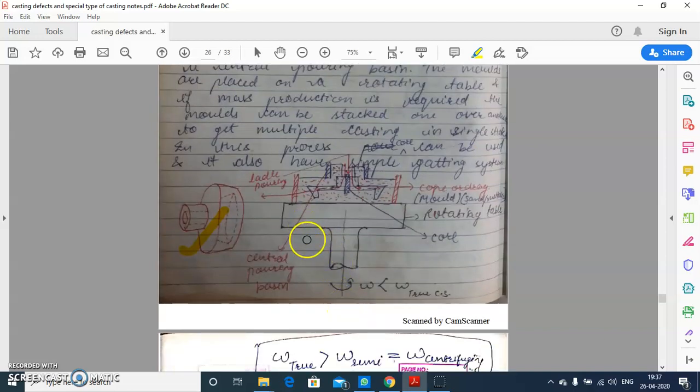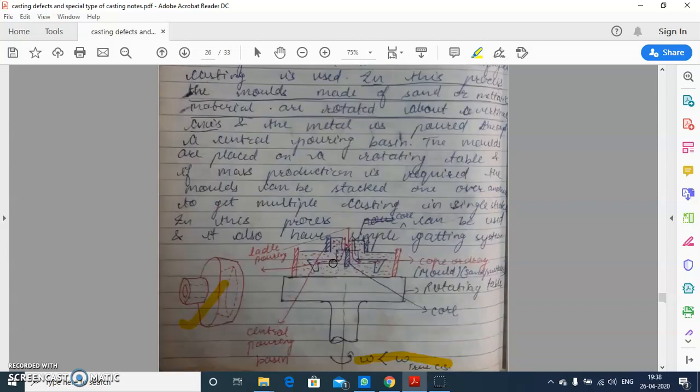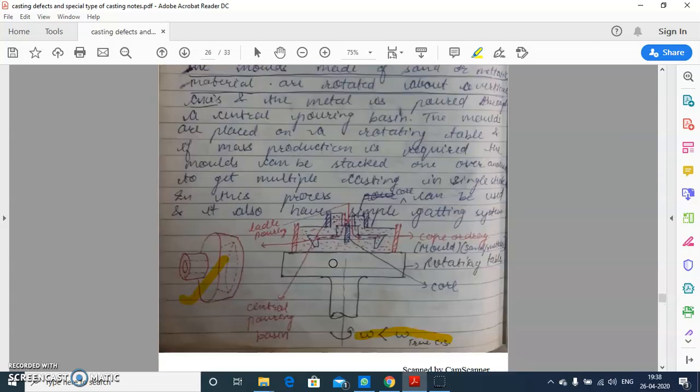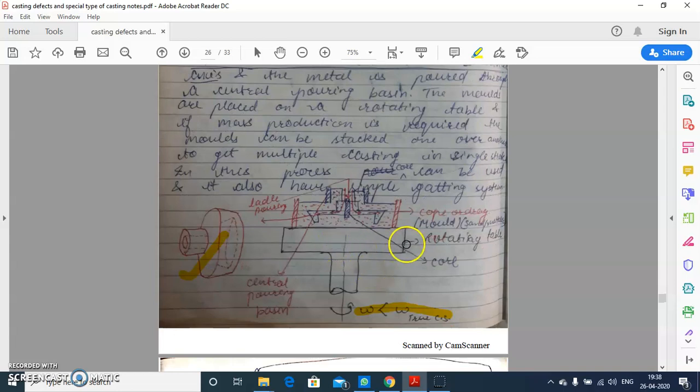Here this is the assembly of semi-centrifugal casting. Why do we say this is semi-centrifugal casting? Because here the rotation is less than in true centrifugal casting. Therefore, we call it semi-centrifugal casting.